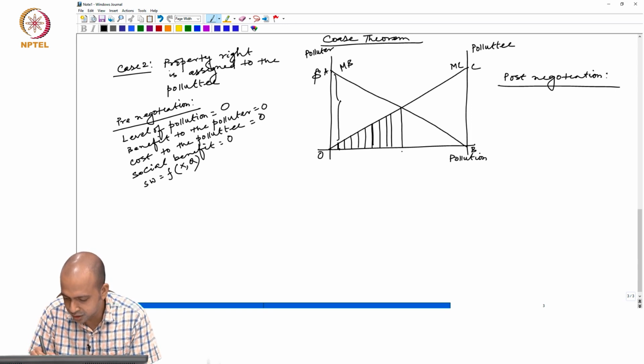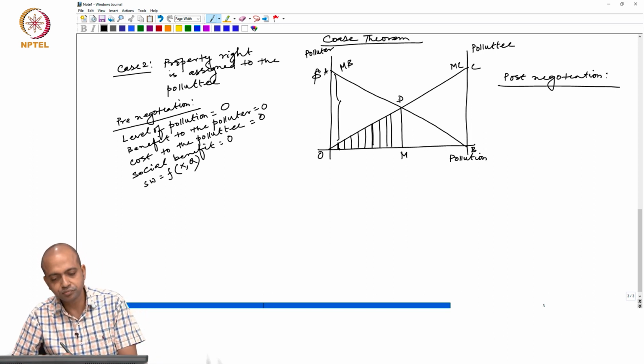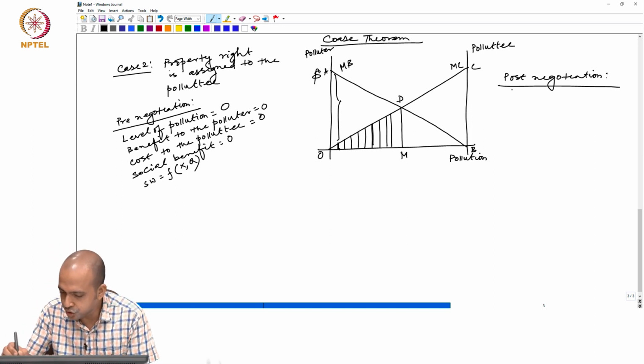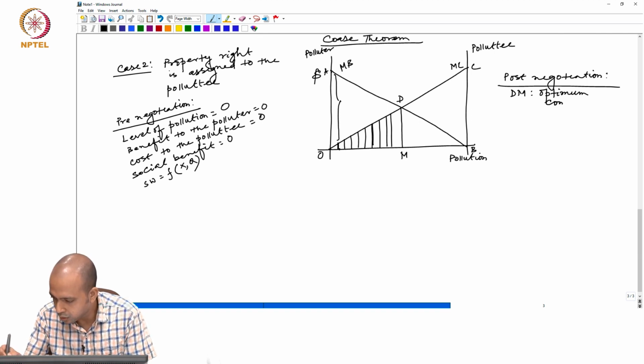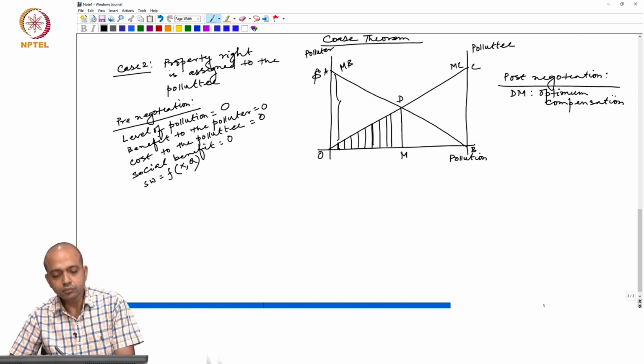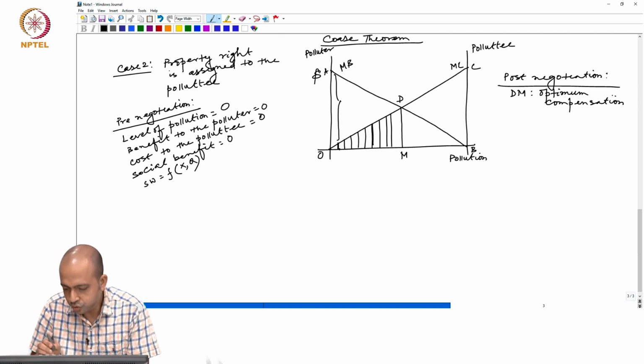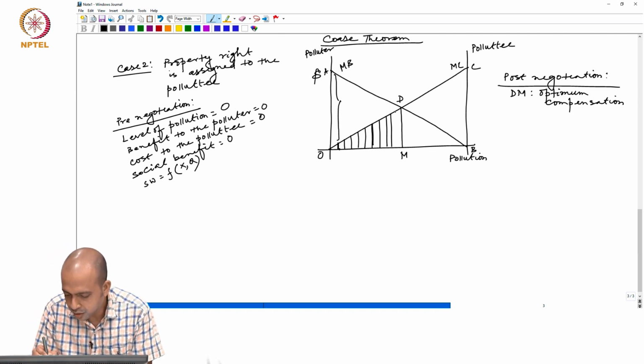Again, let us say this is M and let us say this is D. Okay. So, that means post negotiation DM is actually the optimum compensation. Okay, optimum compensation, right. So, what is the total compensation that the polluter is giving?